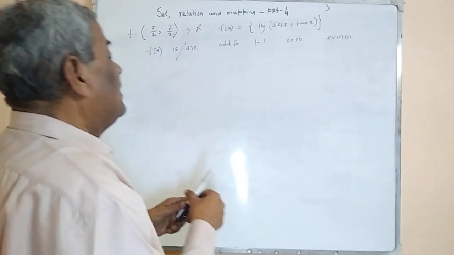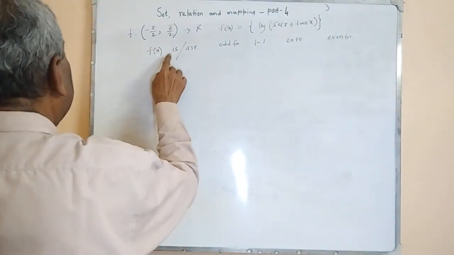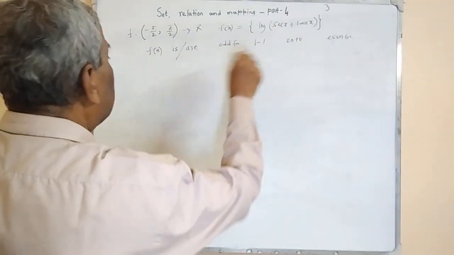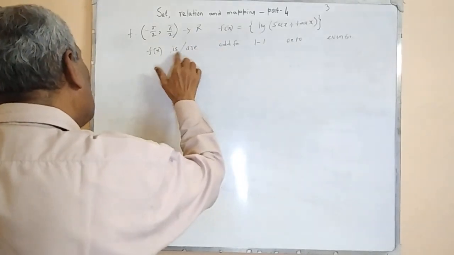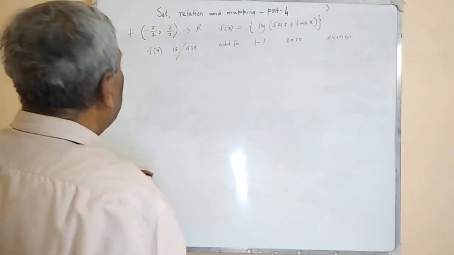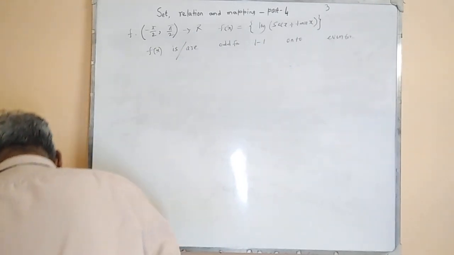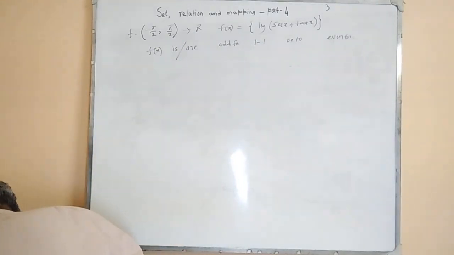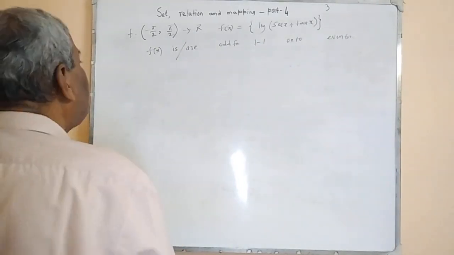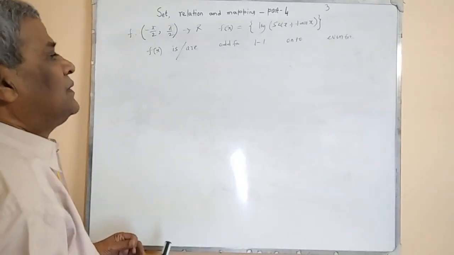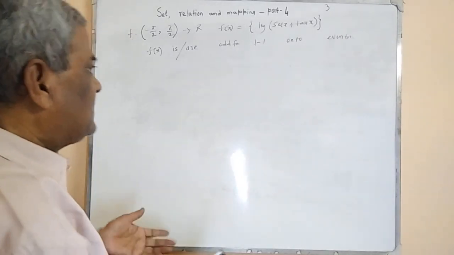Actually, if the options are of this type, oblique R, it means it may have more than one correct option. So let us see one by one.